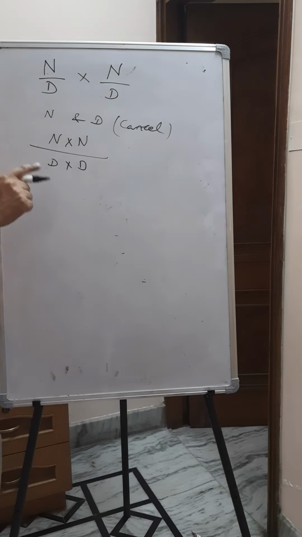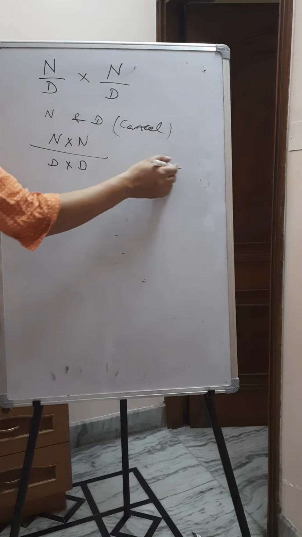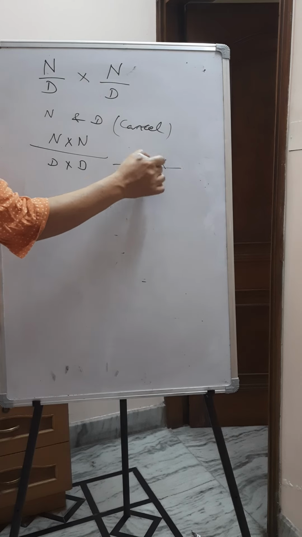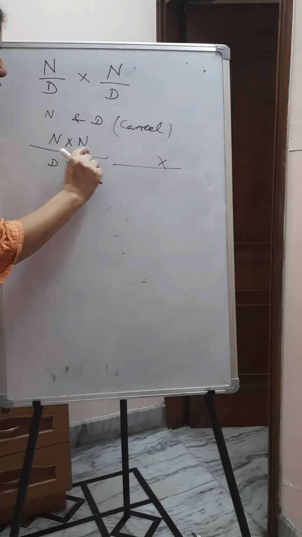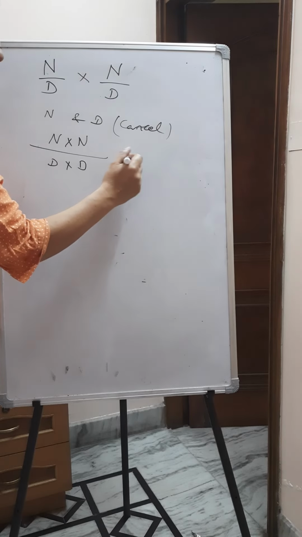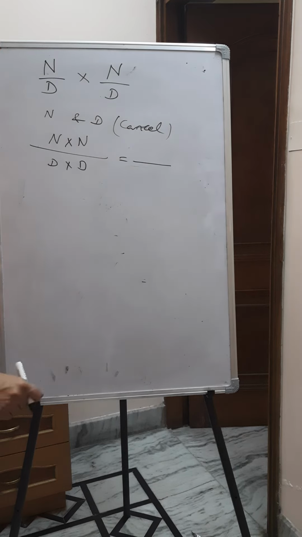This is the basic thing. Sometimes students collectively multiply. They do not see whether the number is above the line or below the line. They just multiply it. That is wrong. Multiply numerator to numerator and denominator to denominator so that you can get the answer as a rational number.